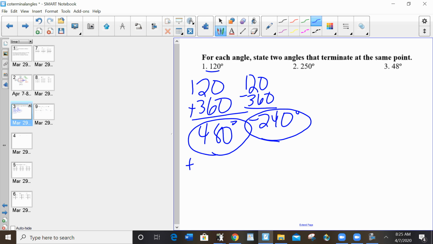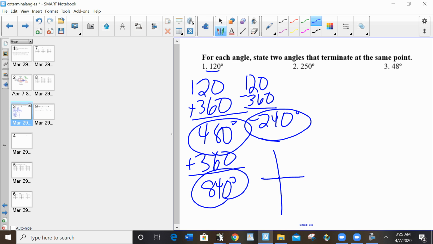Now there's more. I could add another 360. If I add another 360, I get 840. That's another coterminal angle. Basically, 120 is right here, so that's 120. If from there I add 360, that's 480. If from there I add another 360, that's 840.